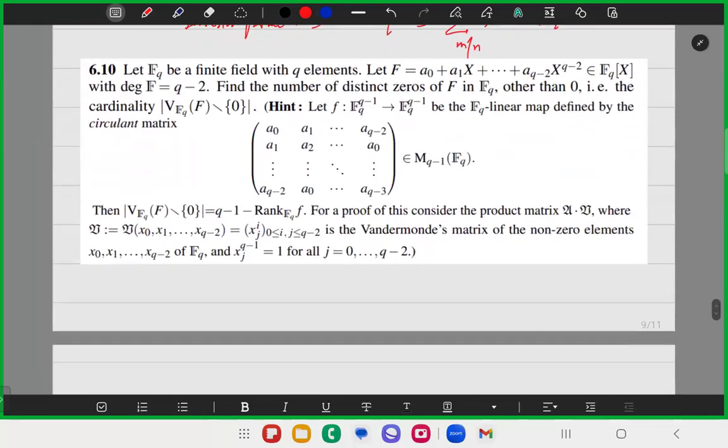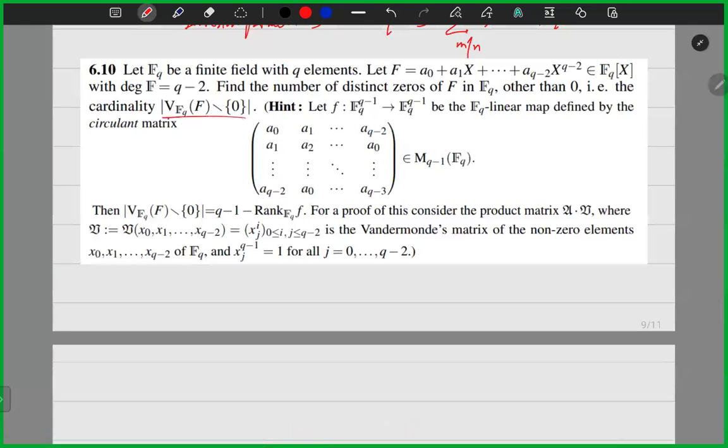F_q is a finite field with q elements and f is a given polynomial. Degree of f is q minus 2. Find the number of distinct zeros of f in F_q other than 0. That is, we want to count the cardinality of this.